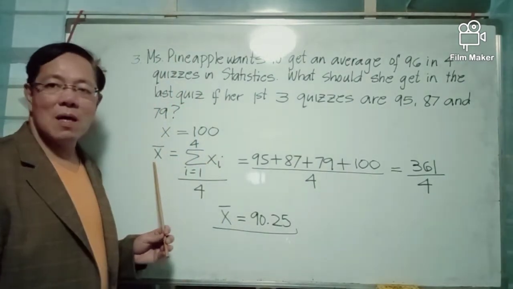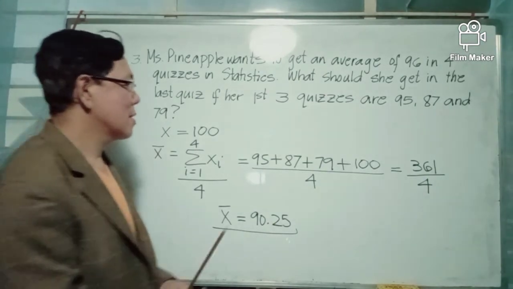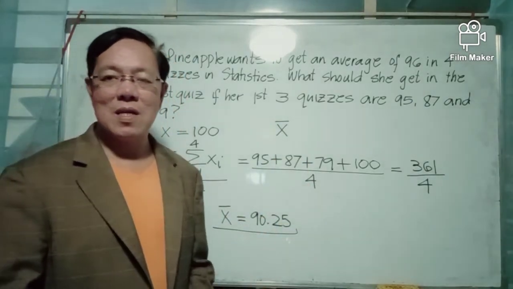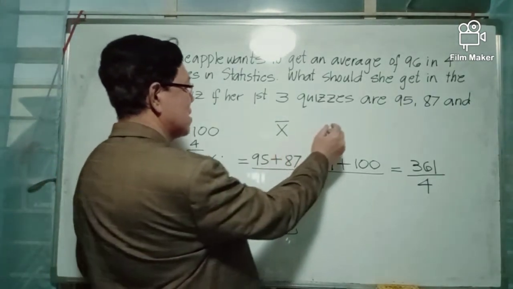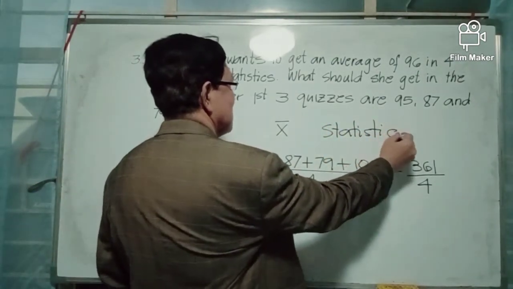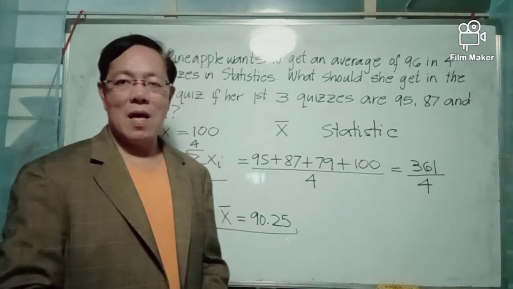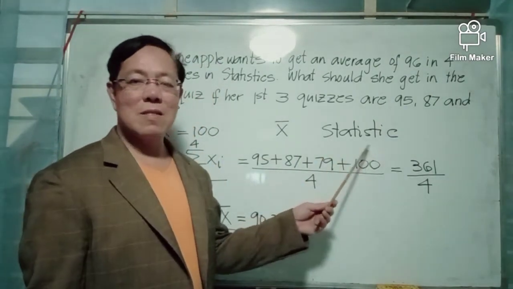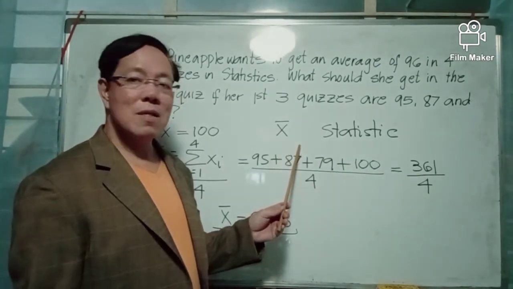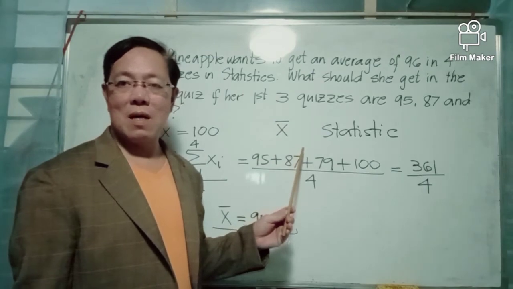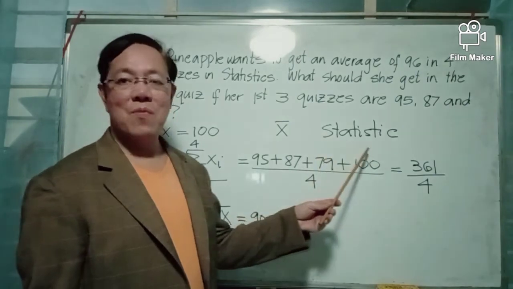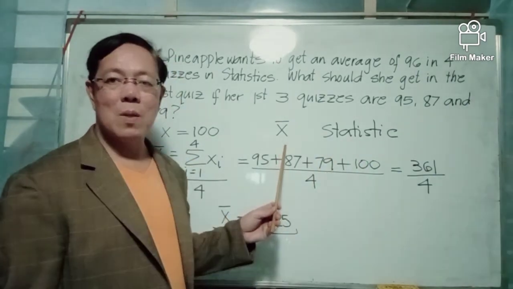The sample mean, as we said, is denoted by x bar, and this x bar is an example of what is known as a statistic, a statistic without an s. A statistic is a numerical value that describes a sample, and this numerical value is obtained from data taken from a sample. An example of a statistic is the sample mean.